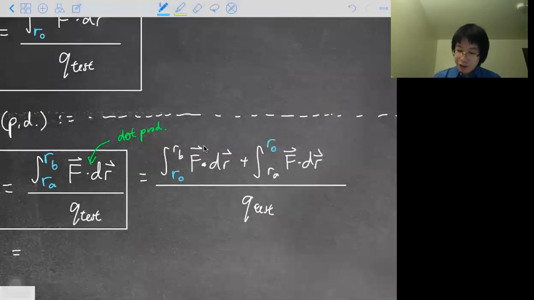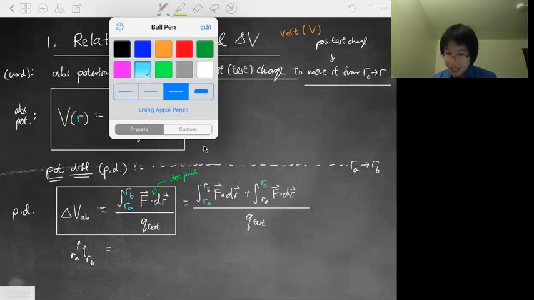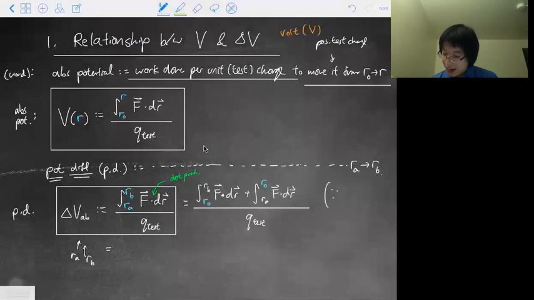And I'm allowed to do that because there's a rule in calculus that says the integral from A to B plus the integral from B to C, if you are integrating the same thing, is the same as just going from A to C. So I'm reversing this logic: if you look at this side, this is A to R naught and R naught to B, right? They can combine into just from A to B if they share a common factor like this.